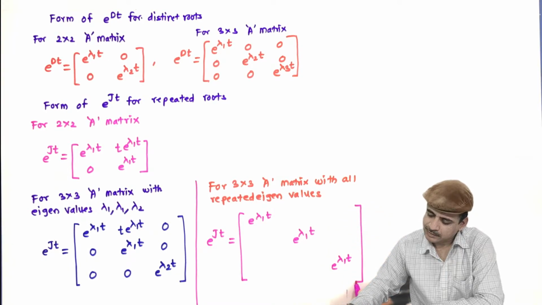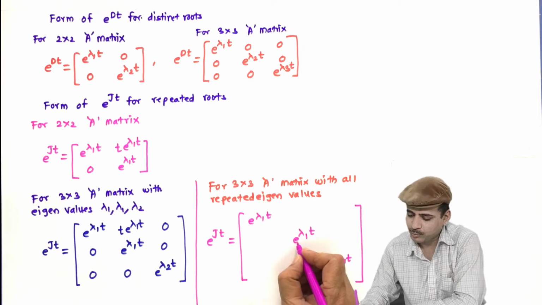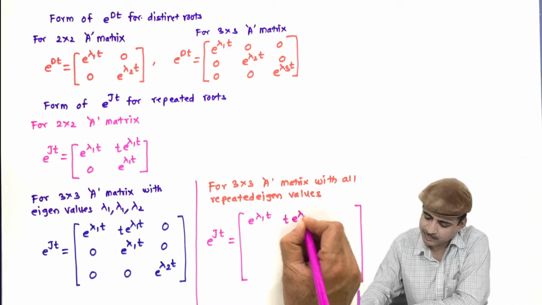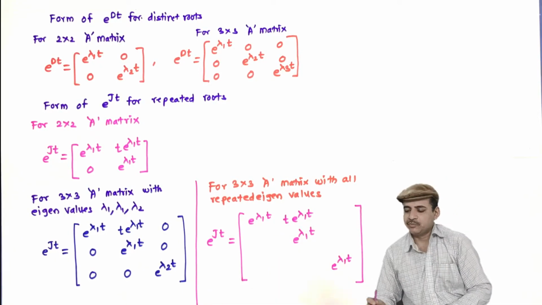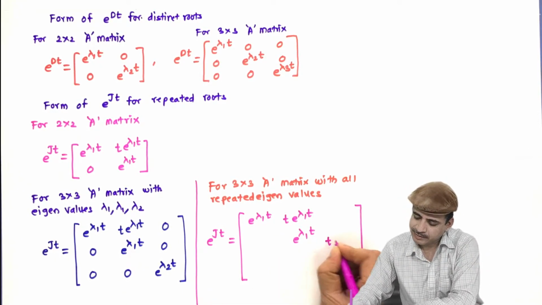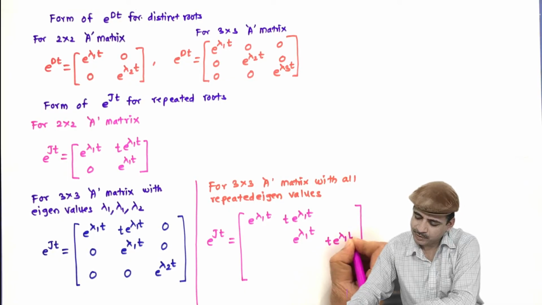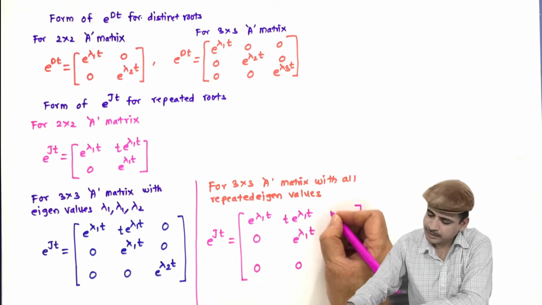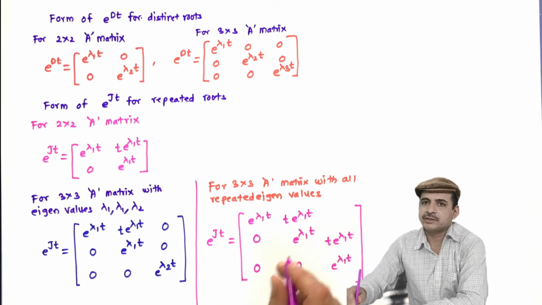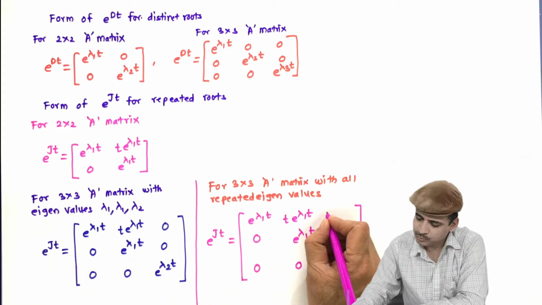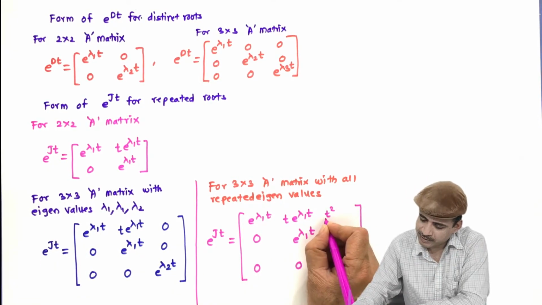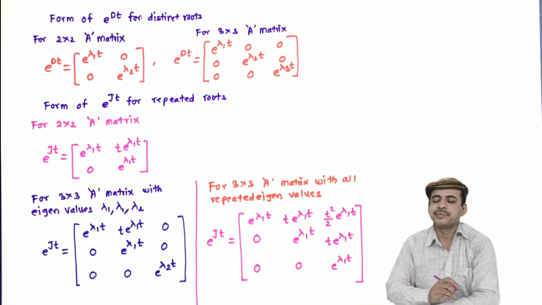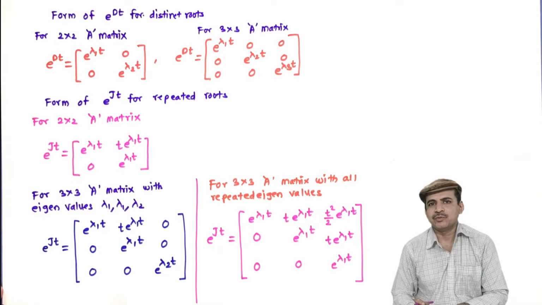So all are repeated, and then above this, the derivative of this will be t e raised to lambda 1t. Same way for this it will be t e raised to lambda 1t, and these elements will be 0 0 0, and here the derivative with respect to lambda divided by 2, so t square by 2 e raised to lambda 1t, and these are the standard forms and we have to use them.